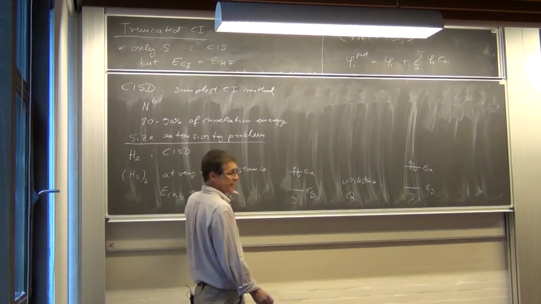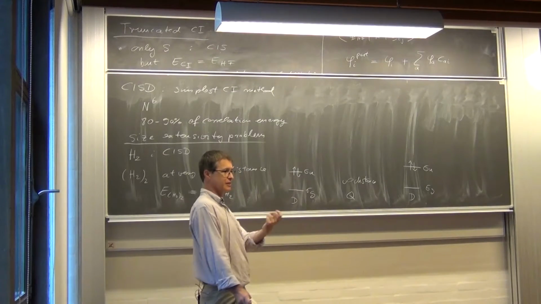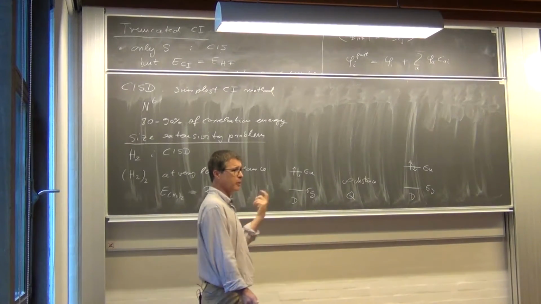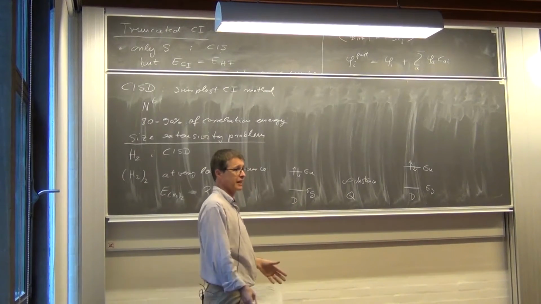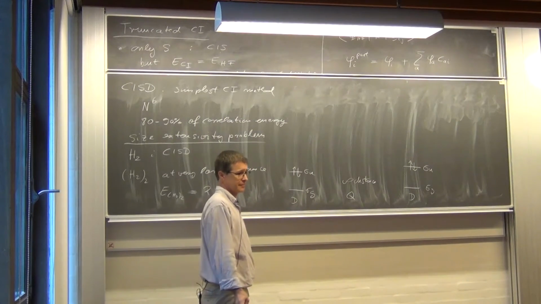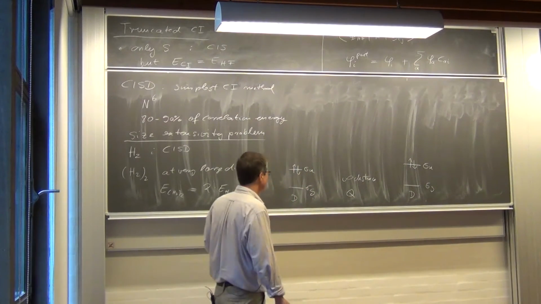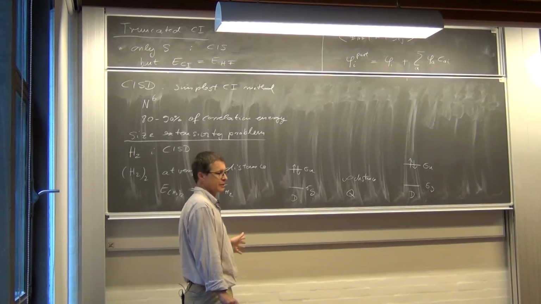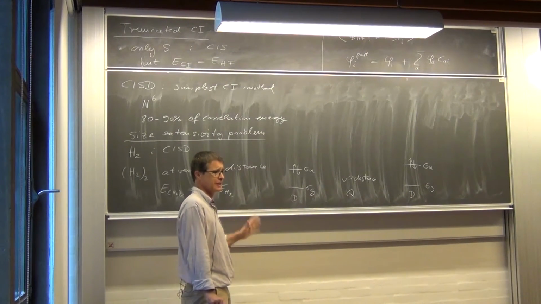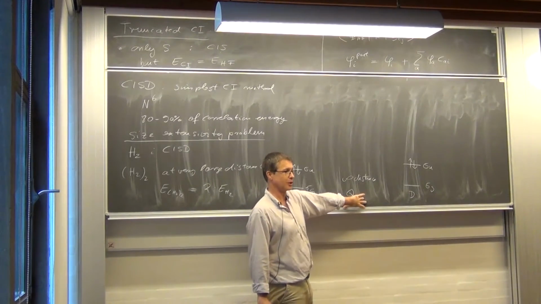So these methods cannot scale properly, because I'm always going to treat the smaller system, here the monomer, better than I'm going to describe the dimer, trimer, whatever, the larger system. There are ways to correct for that, and there's what is called a Davidson correction to CI singles and doubles, which essentially is just including this one on top of it.